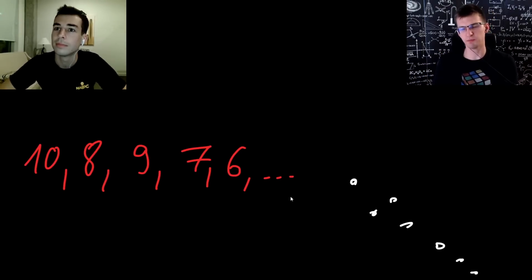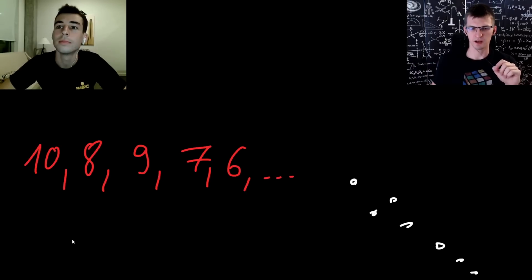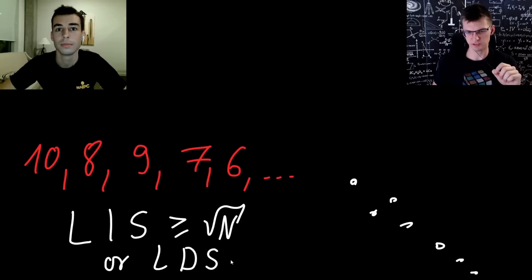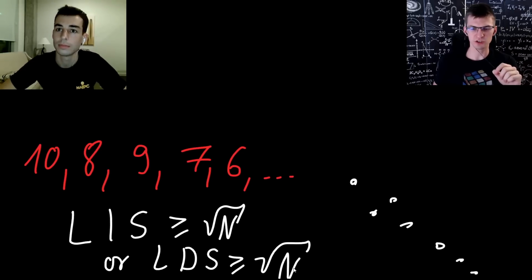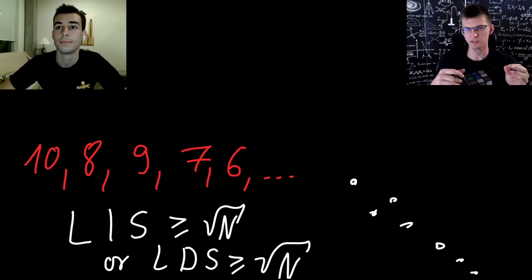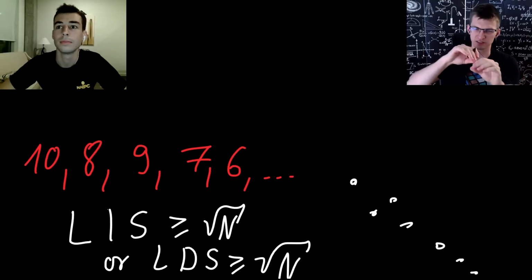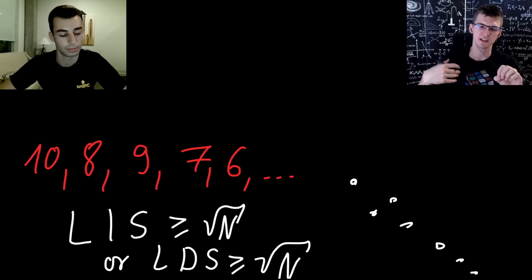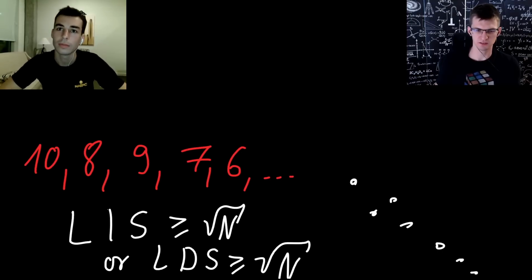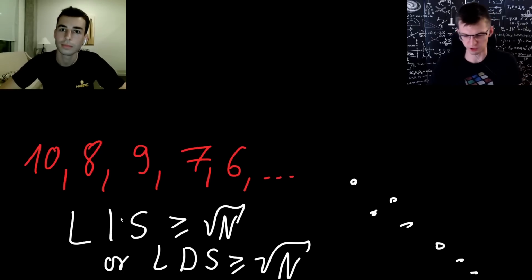Maybe in a moment we'll get back to the proof of this fact, but it is true that the longest increasing subsequence or the longest decreasing subsequence is greater or equal to square root of n. In very short, one proof is about the algorithm to find this. We have some number of buckets, each of them is decreasing, but the last element of every bucket creates an increasing sequence, and either the number of buckets is big or one bucket is big. That's your basic algorithm for LIS. We'll get back to another proof later.